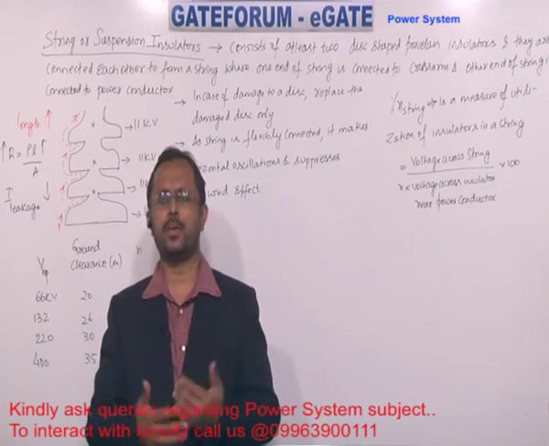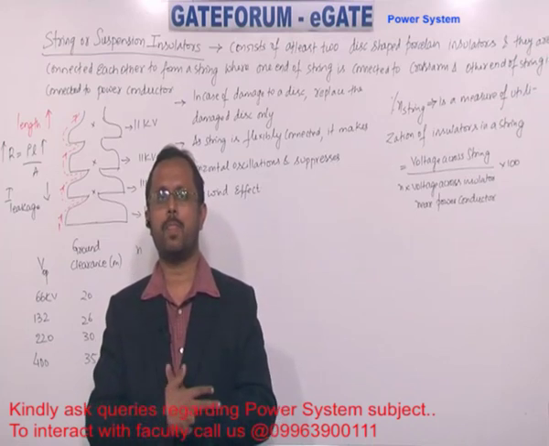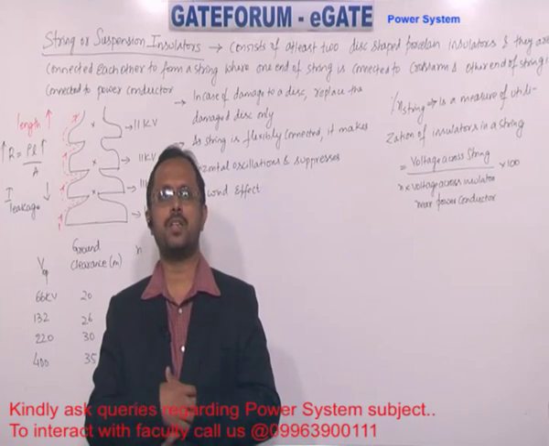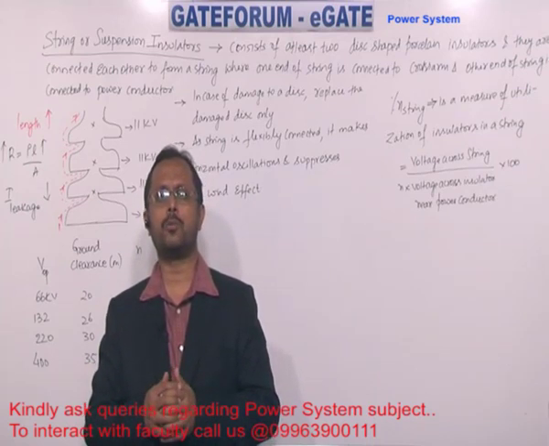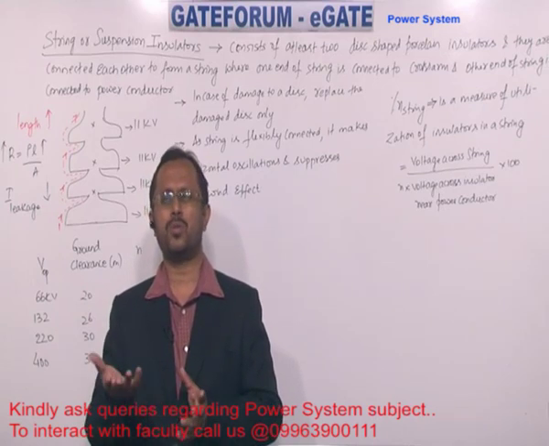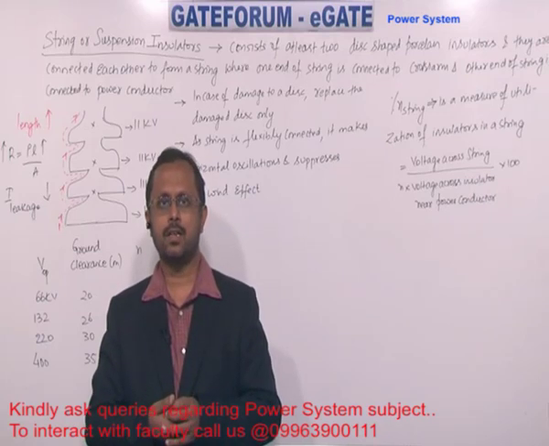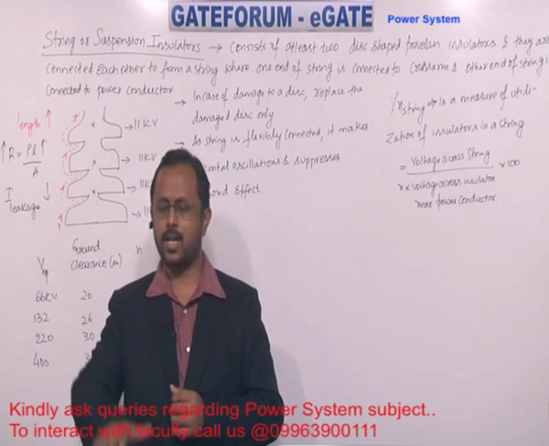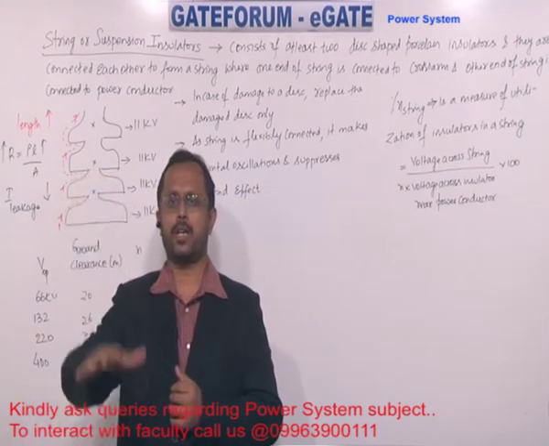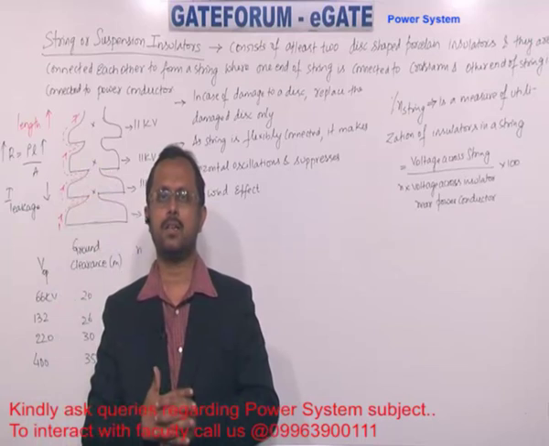Next question is by Sirisha. Why is silica not most preferred compared to porcelain? Only due to cost, please. Next question is by Sirisha. What is ground clearance? The height of the conductors from ground, you name it as ground clearance.